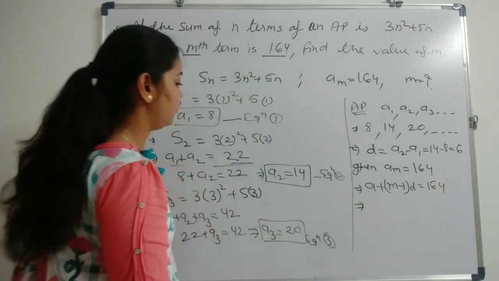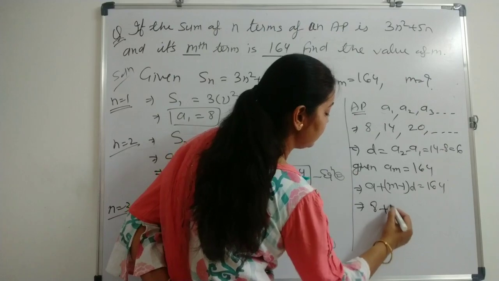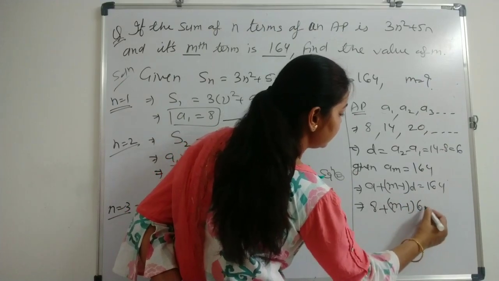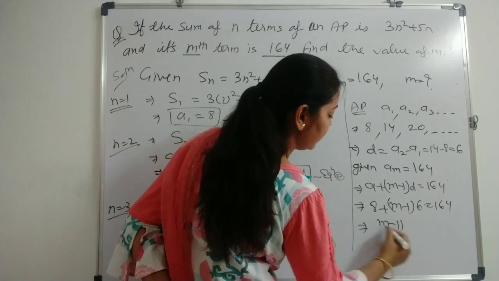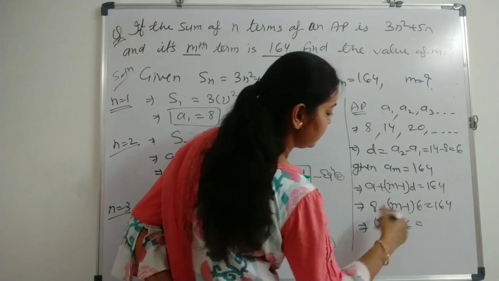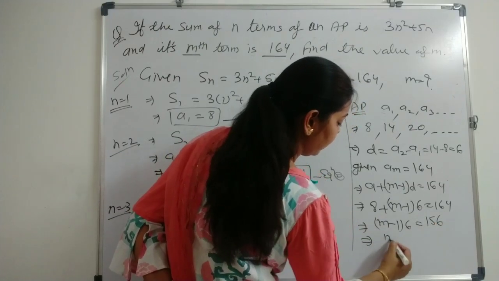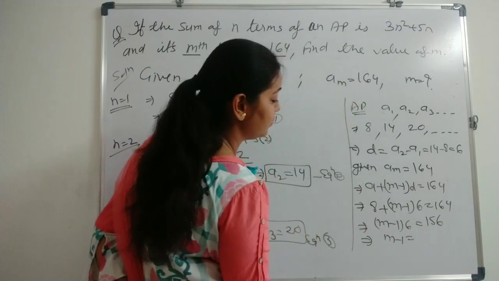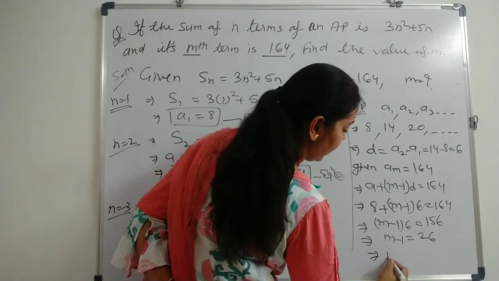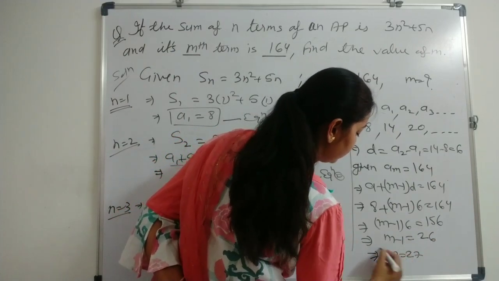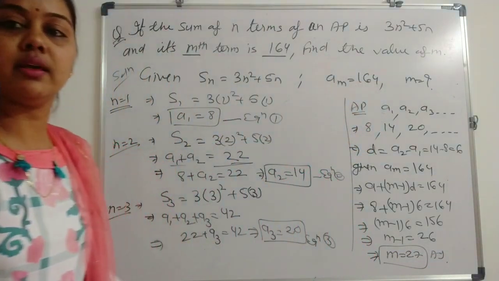Simplifying it, putting the values of A and D both, that is 8 plus m minus 1 into 6 equals 164. m minus 1 into 6 equals 156. m minus 1 will be equal to 26. m equals 27. This is your resulting answer.